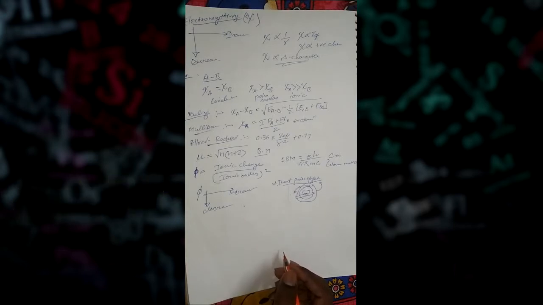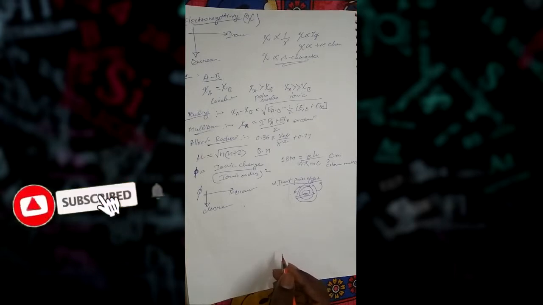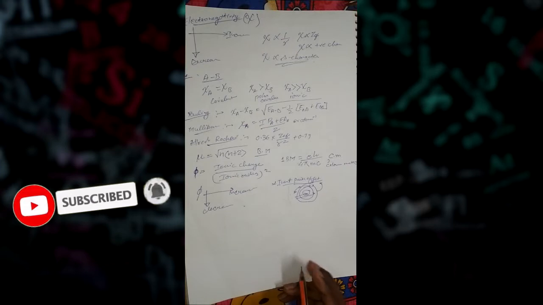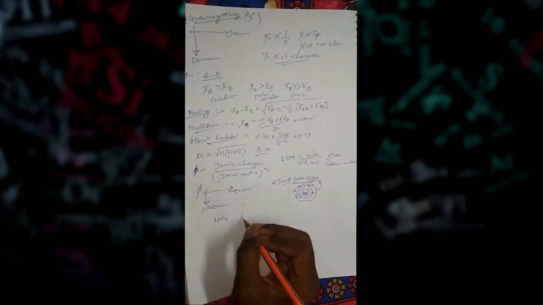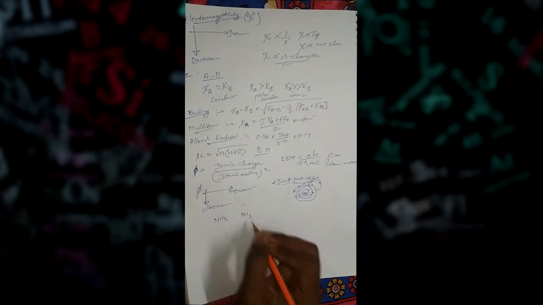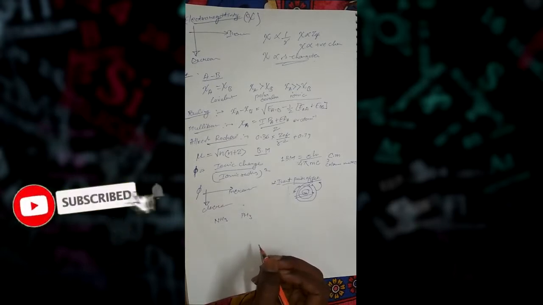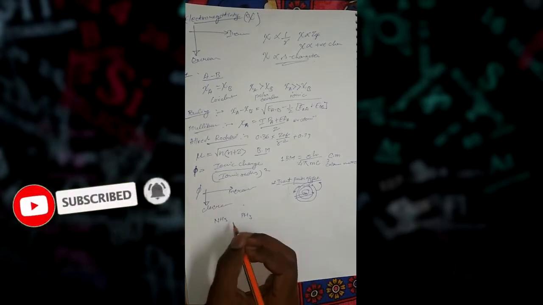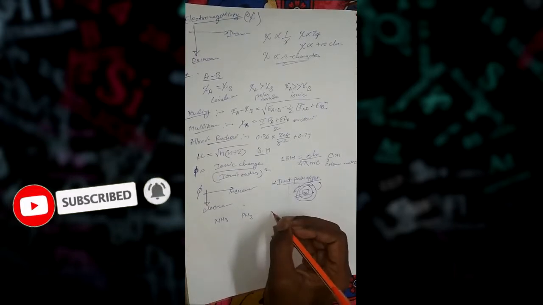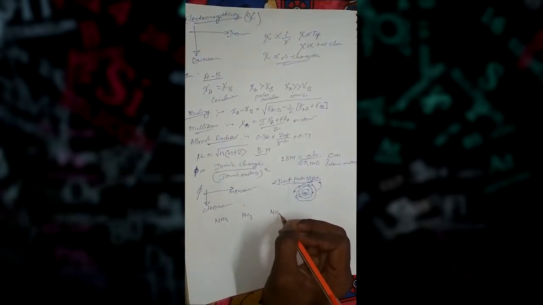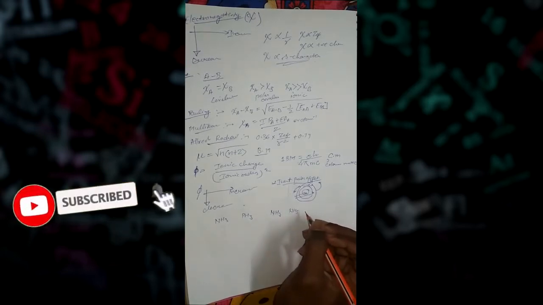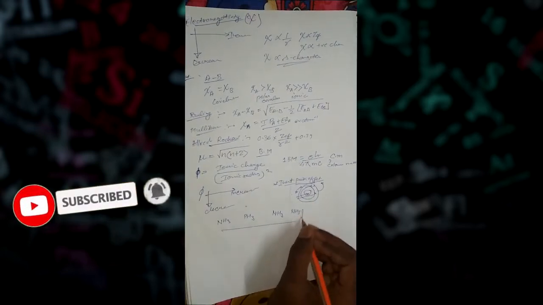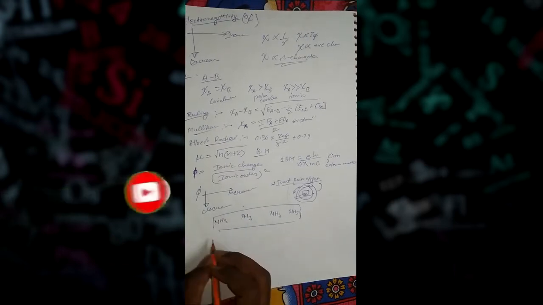If there is a question about stability, for example why NH3 is more stable than PH3, or why NH3 exists but NH5 does not, this type of question can be solved by these 4 points.